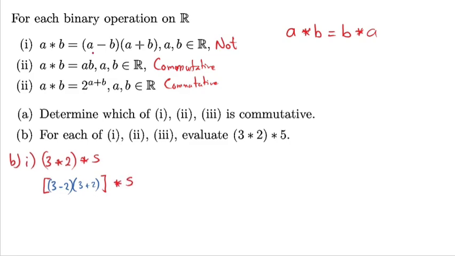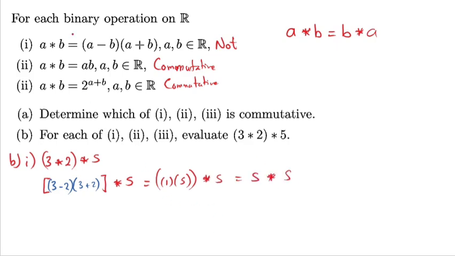So what I've done here is I've applied this operation, where it's A minus B, then A plus B. So this gives us 3 minus 2 is 1, 3 plus 2 is 5, then we have star 5. So this is 5 star 5.